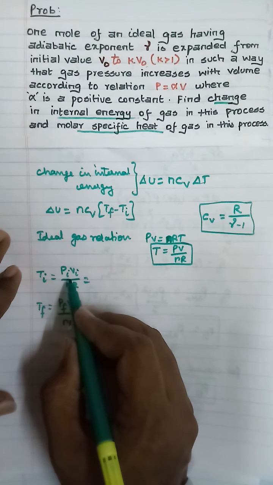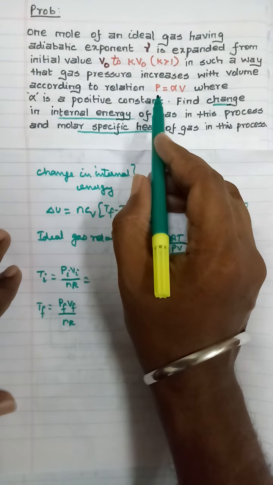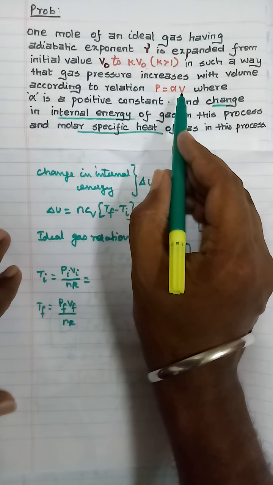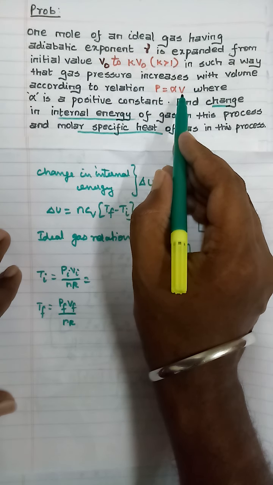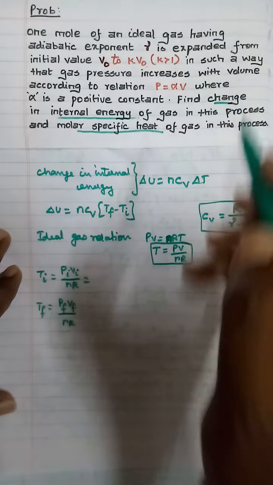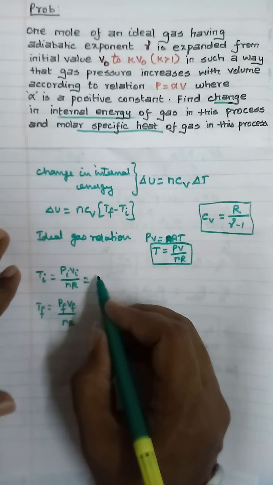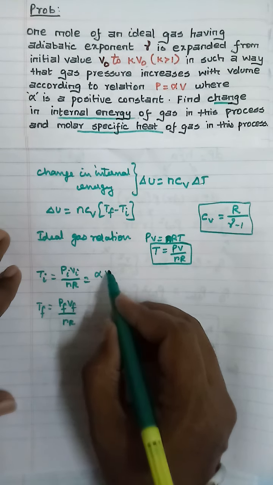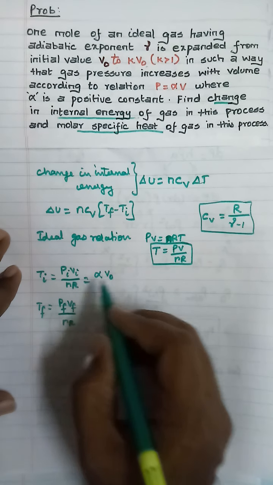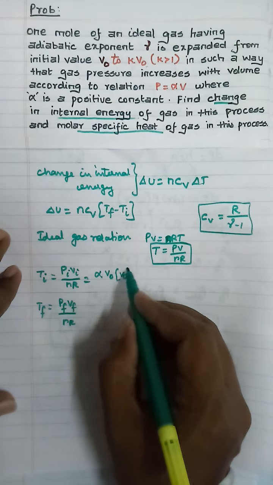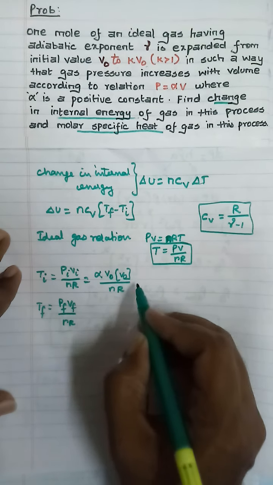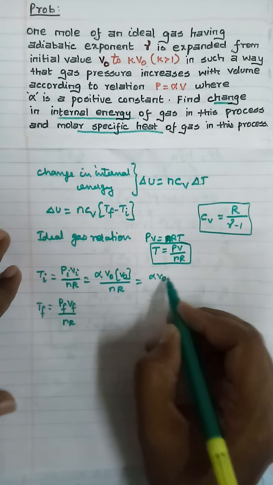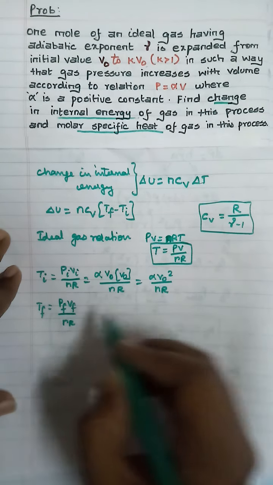Then substitute the initial pressure value. Initial pressure P is equal to alpha V. If V is the initial volume V0, then the pressure will be the initial pressure. Then it can be written as alpha V0, and this times the initial volume V0 by nR, which is equal to alpha V0 square by nR.